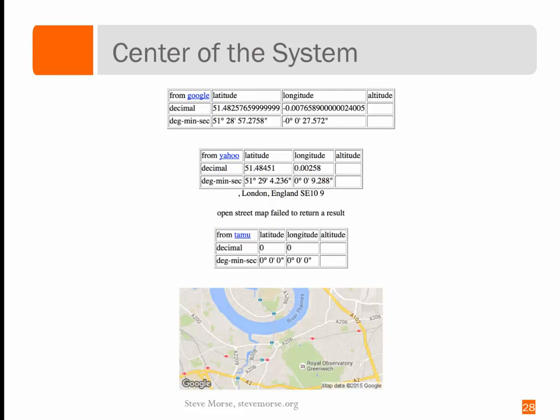The 51 degrees tells us that we're a pretty good distance from the equator. The equator is that center line in the north-south direction of the Earth. And 51 degrees is pretty far north, which is what we would expect if we're near London, England.